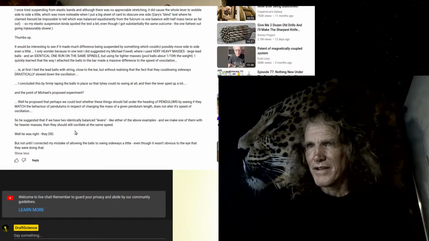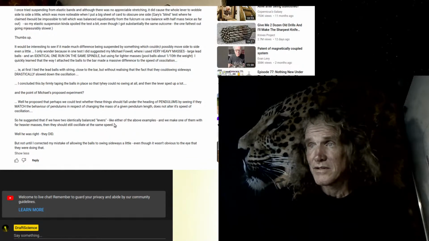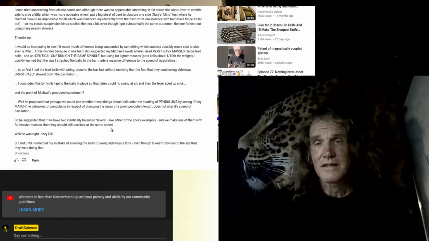And we make one of them, okay, well, anyway. Well, he was right, they did. So we didn't see that experiment. So he proved that if we have identically balanced levers, like either of the above examples, and we make one of them with far heavier masses, they should still oscillate at the same speed.